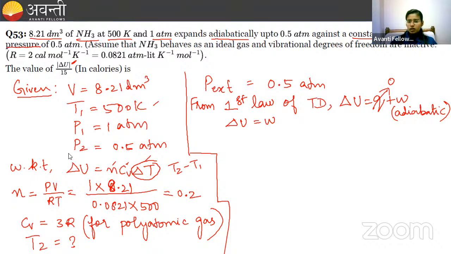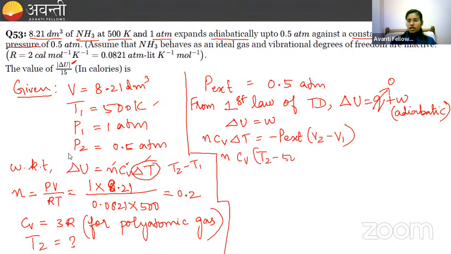Now we know that del U is n Cv del T and W is nothing but the work done. For an irreversible process, it is P external del V, which is actually V2 minus V1. So we can substitute. So n into Cv del T, which is T2 minus T1.